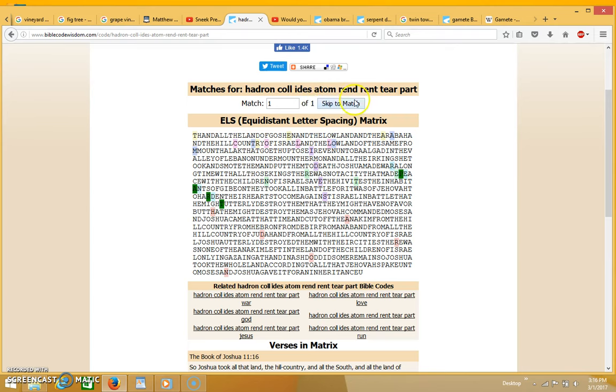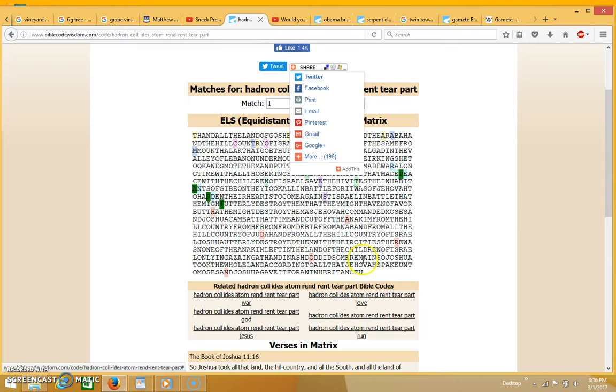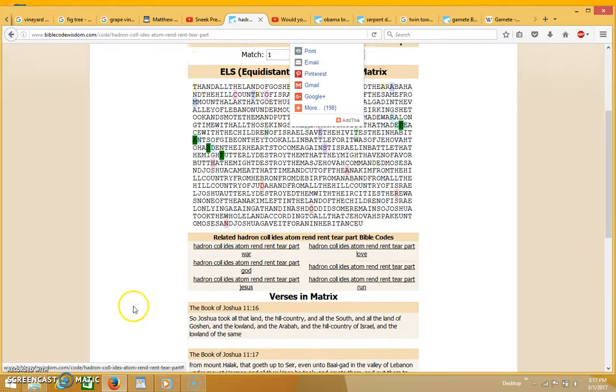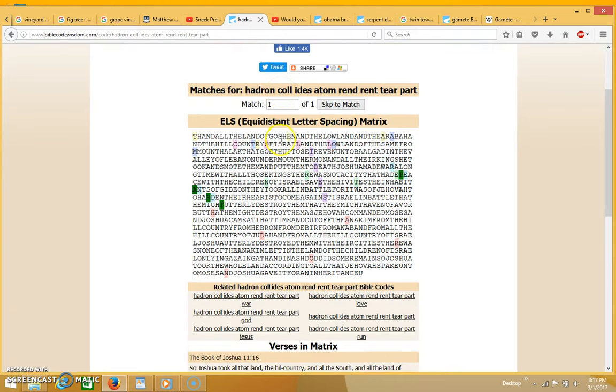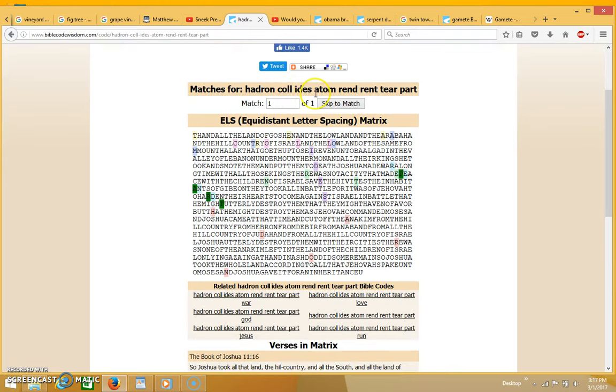Okay, so the restoration is actually going to go down to the splitting of the atom. And of course, everything that God does, Satan tries to imitate. And so that's why you see these terms coming up with the words hadron, collides, atom, rend, rent, tear, part.